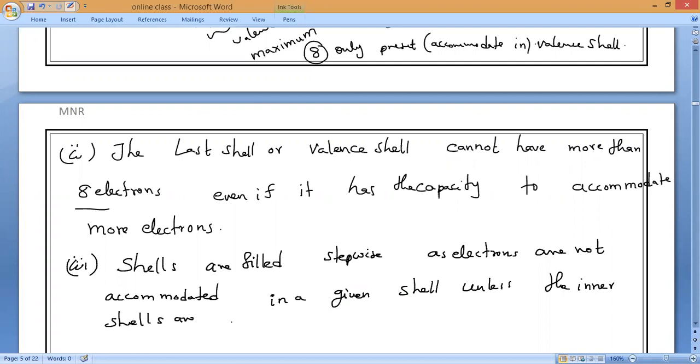Inner shells are filled. That is what you have to remember. So this is what electronic configuration is also. So you have to remember it.